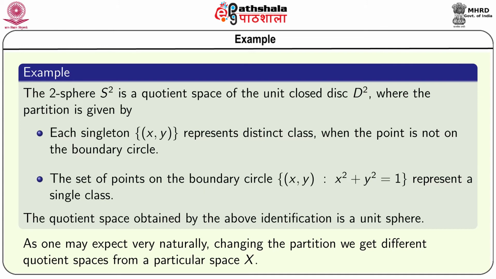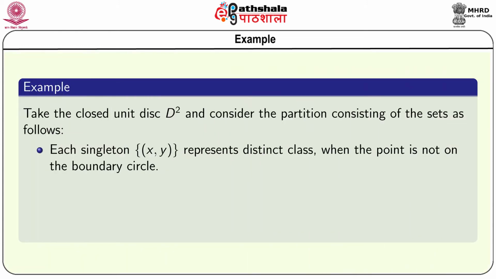As one may expect, very naturally, changing the partition, we may get different quotient spaces from a particular space X. For example, we take the closed unit disk D2 and consider the partition consisting of the sets as follows.